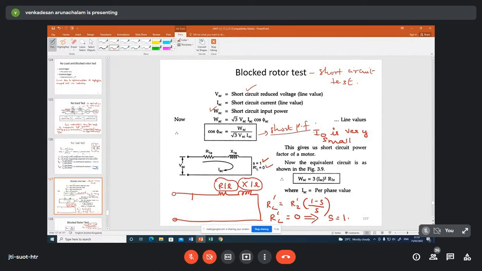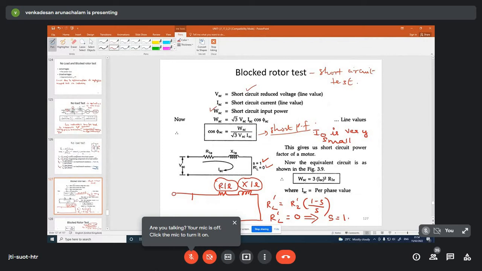And what is the copper loss? Copper loss is nothing but the short circuit power. I told you that it is the shorted condition, so core loss will be very small. It is negligible. Only the copper loss is there. In the no load test, core loss will dominate over the copper loss.